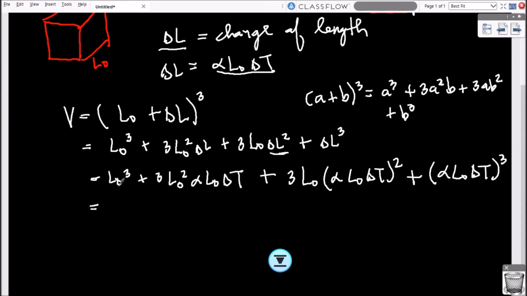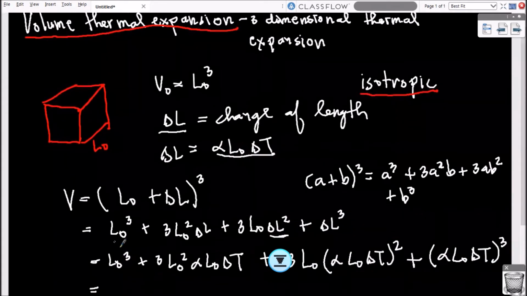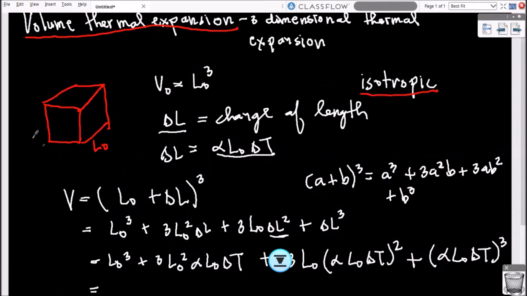So what is this L of O cube? Let's go back. L of O cube is the initial volume of this cube.